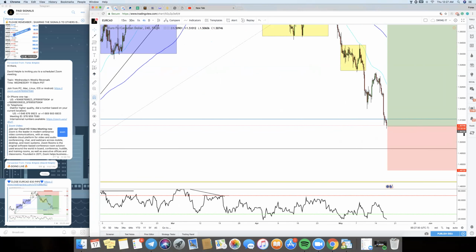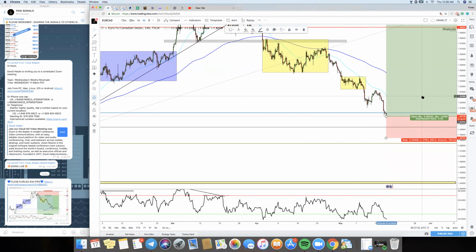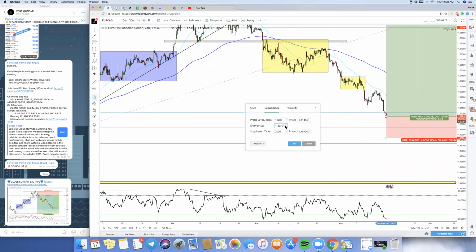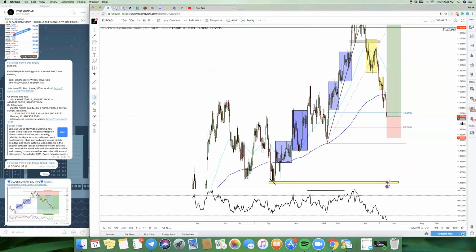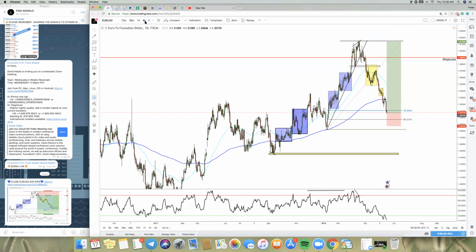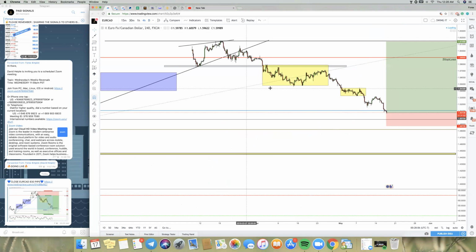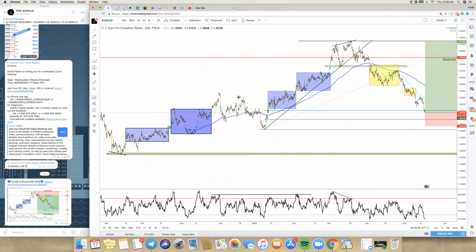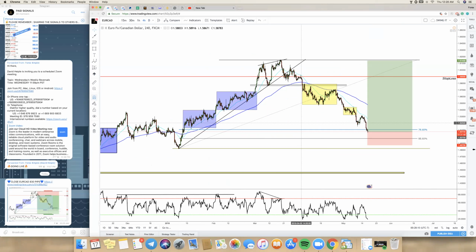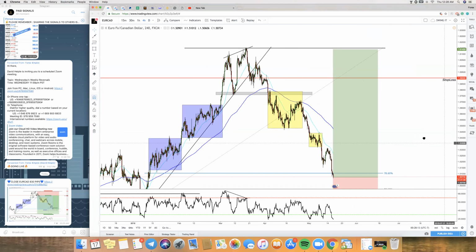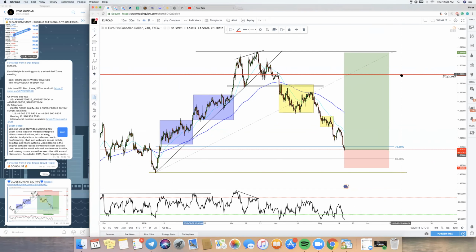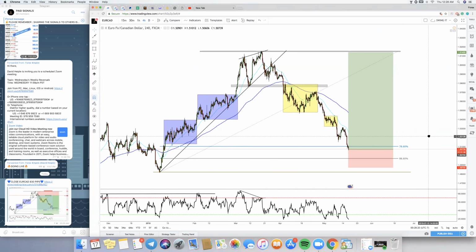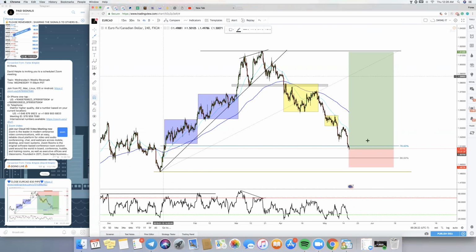So on a smaller time frame, it's a nice trade. Right about there, that's pretty much where our nice trade is coming from.